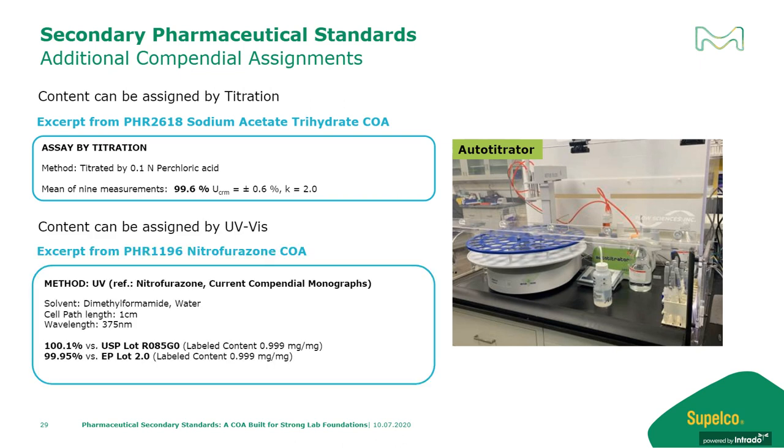Also, content can be assigned by UV or UV-Vis. In some monographs, content is assigned using a molar absorptivity coefficient. However, in this case, the content was assigned by direct comparison against the primary standard. The USP monograph was followed, and the PHR 1196 was tested at 375 nanometers against the current compendial lots, which in this case include the USP and EP primary standards.